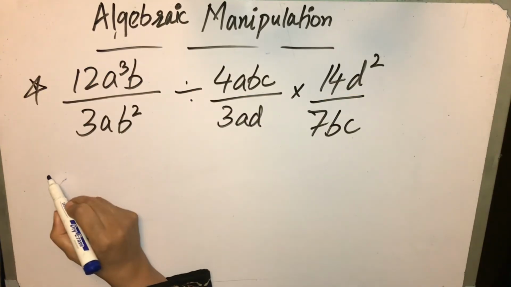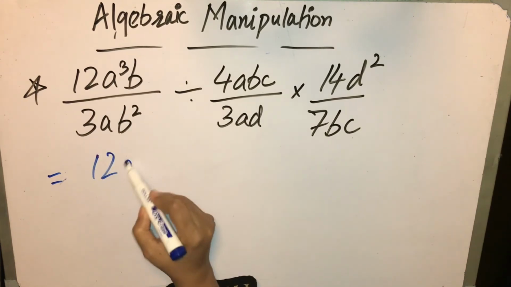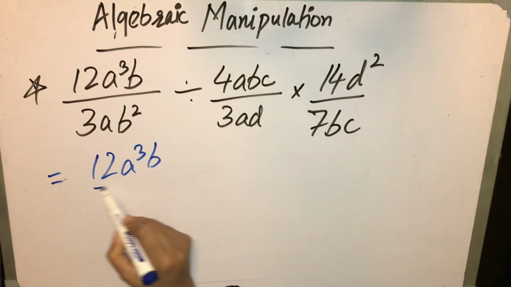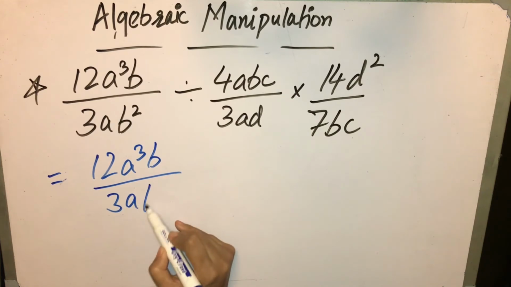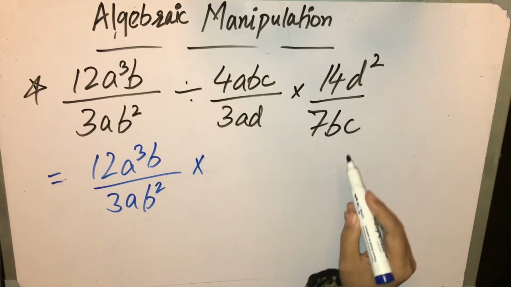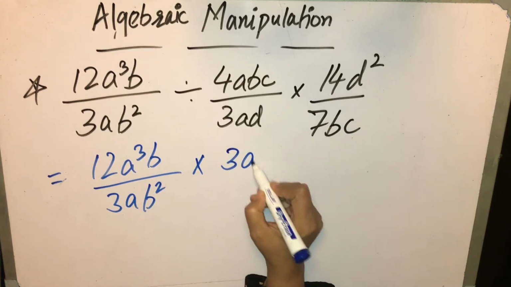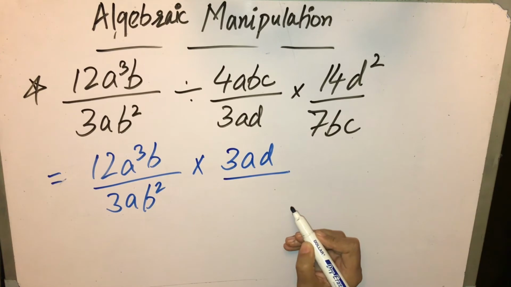One more example, division sign after the first fraction. So we shall convert it into multiplication and we shall flip the next fraction, and we shall not change the places of this fraction. We will take the reciprocal of 4abc over 3ad.